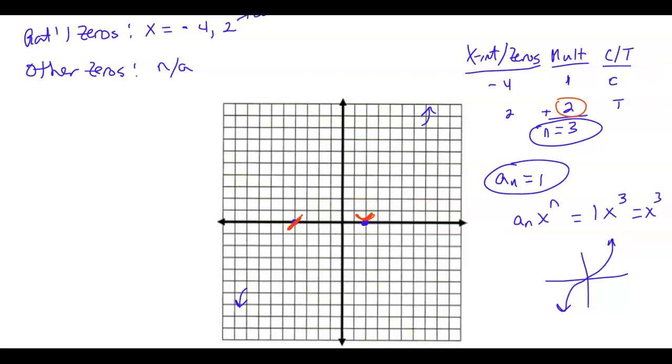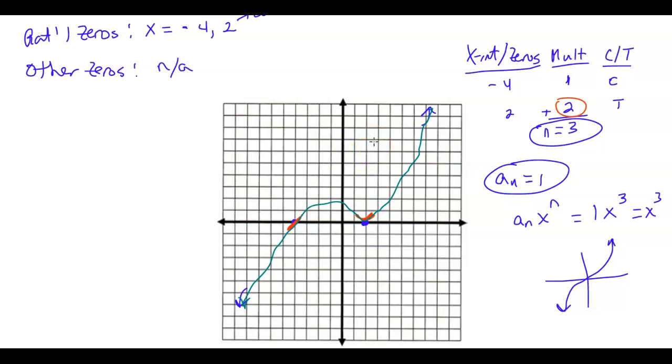Okay. So knowing all that, we now know what our corresponding graph is going to look like. Essentially the graph is going to start down here, cross through here, bounce off, and then come back up this way.